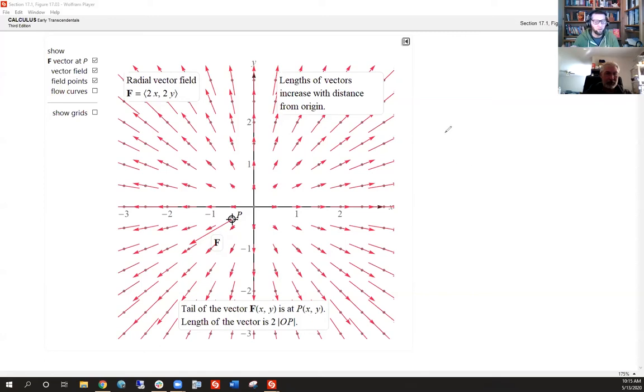What I want you to take away from today is some visualizations and some labels, so that when we're doing examples later on, you go, oh, I understand what might be going on in this situation because I can visualize what some of those vector fields would look like.